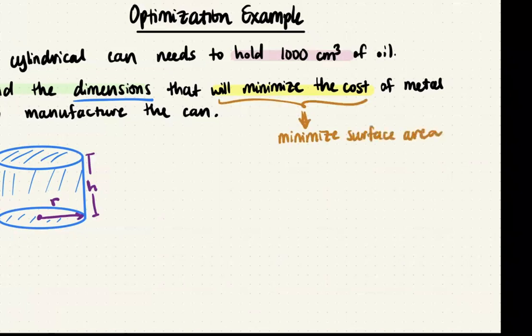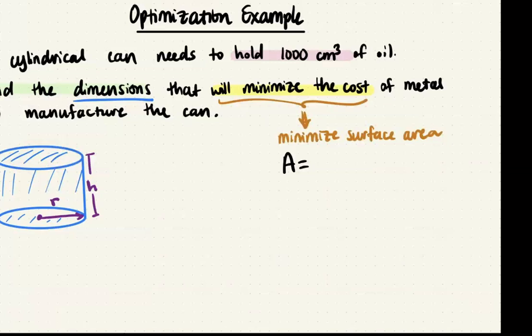So let's go ahead and write down the equation for the area of a cylinder. The surface area of a cylinder is going to be the area of the base, the top and the bottom, plus the area of the part that wraps around.